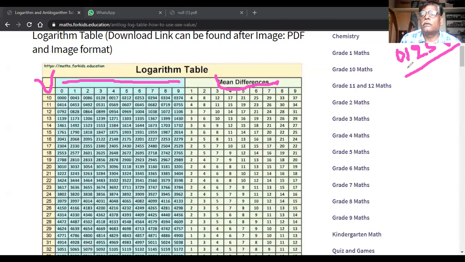You don't look at the point, forget the decimal point. The first two numbers you see in the natural number, the third, 5, in the Mantissa, and the 6 in the mean difference. This is the point you remember.